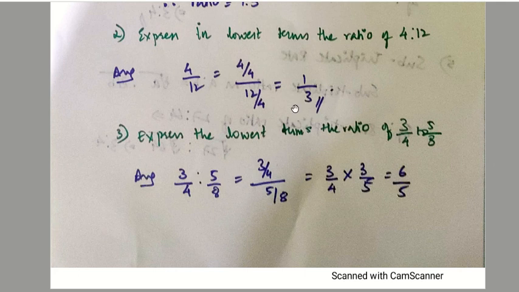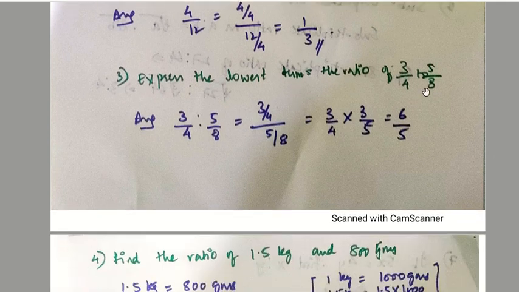Express in lowest terms the ratio 3 by 4 to 5 by 8. So it is equal to 3 by 4 is to 5 by 8, which is equal to 3 by 4 divided by 5 by 8, which is equal to 3 by 4 into 8 by 5.